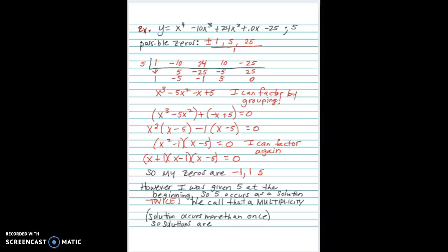We call that multiplicity, meaning that the same number occurs as a solution more than once. So the solutions are negative 1, 1, and 5, but with the 5, we say it has a multiplicity of 2, because it occurs twice.